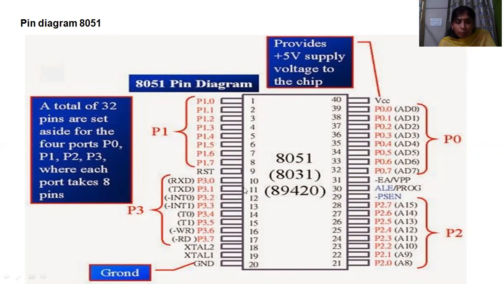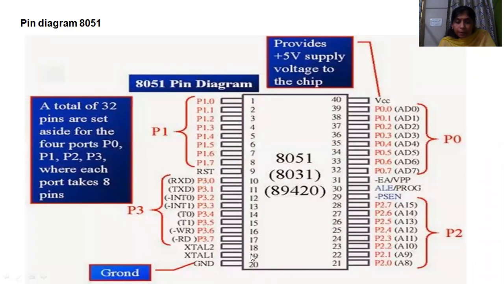Then from pin number 10 to pin number 17, the P3 port is there, with reception, transmission, interrupt 0, interrupt 1, timer 0, timer 1, writing, reading.